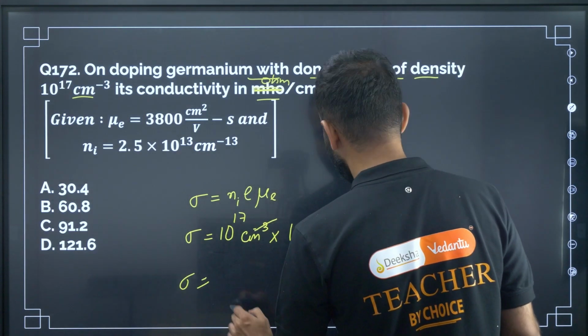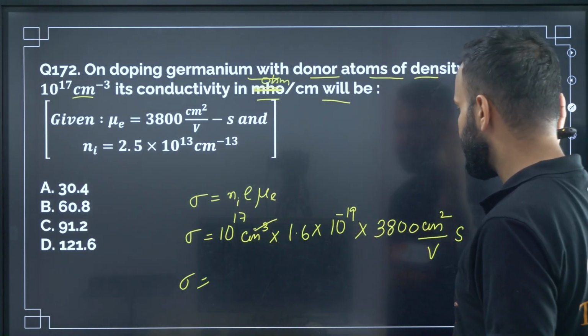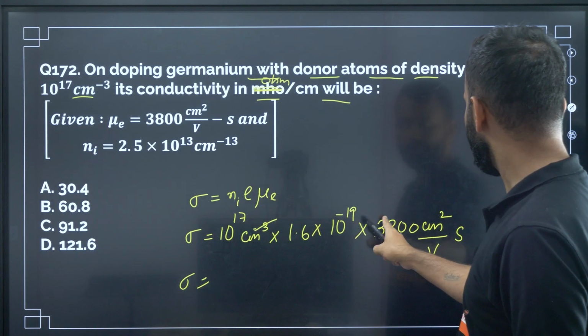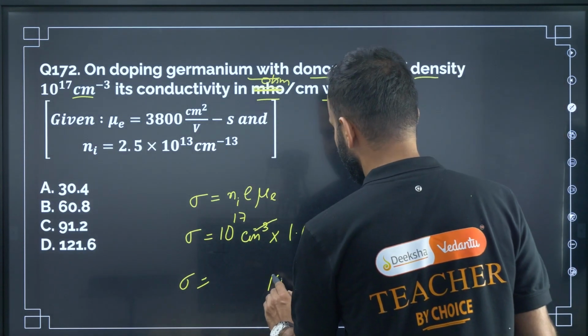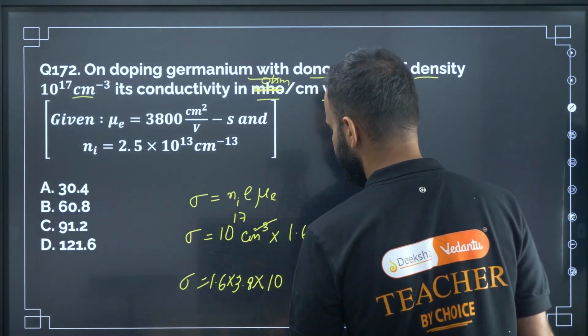Now sigma is equal to 10 to the power 17 into 10 to the power minus 19, that is 10 to the power minus 2. So 10 to the power minus 2 into 10 to the power 3 is 10. So 10 into 1.6 into 3.8.